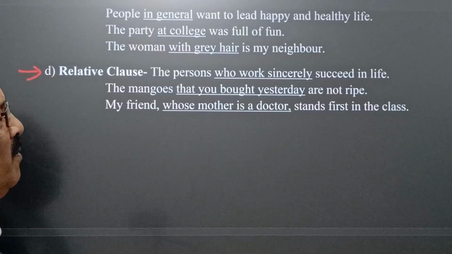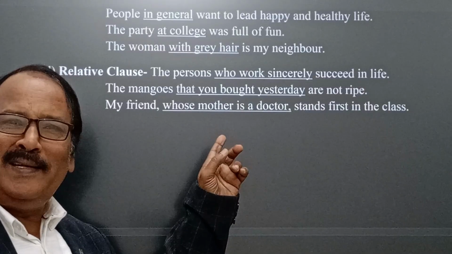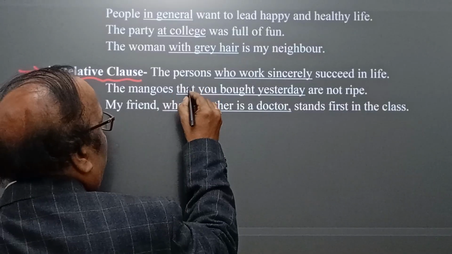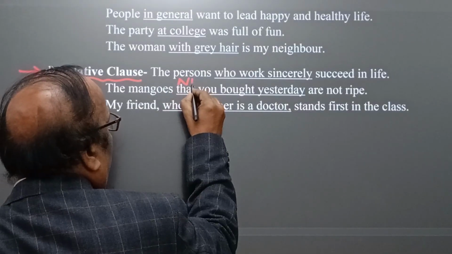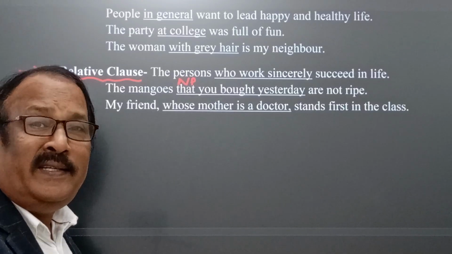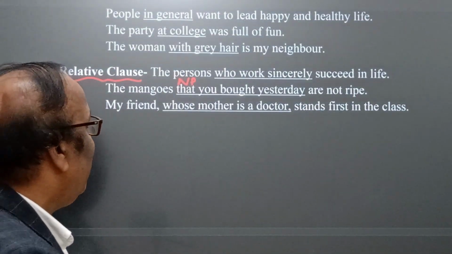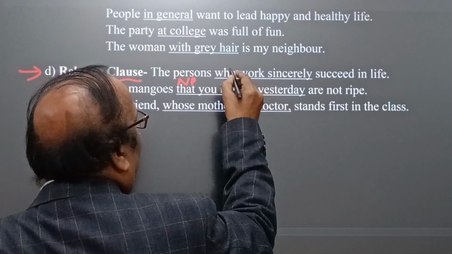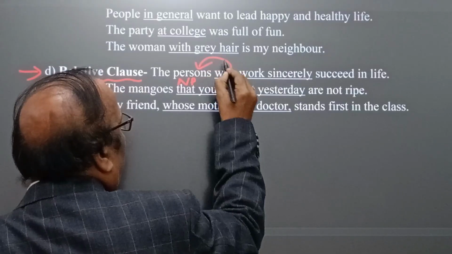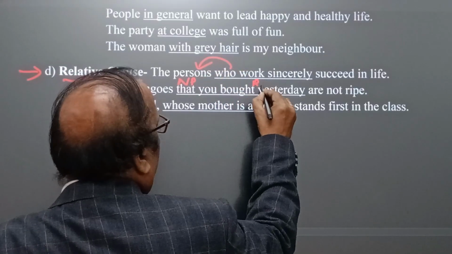Relative clause. This is another interesting factor. The persons: here the noun phrase is called the antecedent. The persons who work: this is the relative clause.